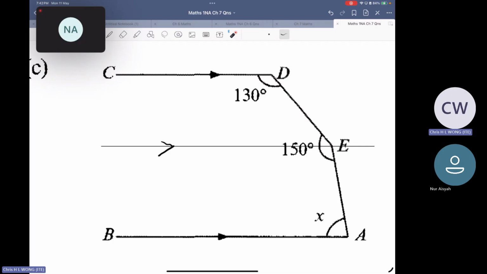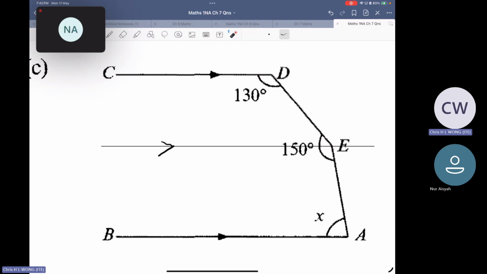If I draw, this is much easier, no? If using that one, you must give the reason why the angles add together to give that many degrees. You think 180? You're using 180 or 360? 360 actually, for DEA. Then you minus this, you get this only.